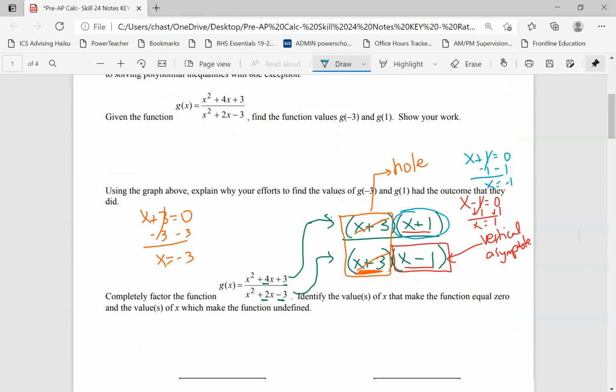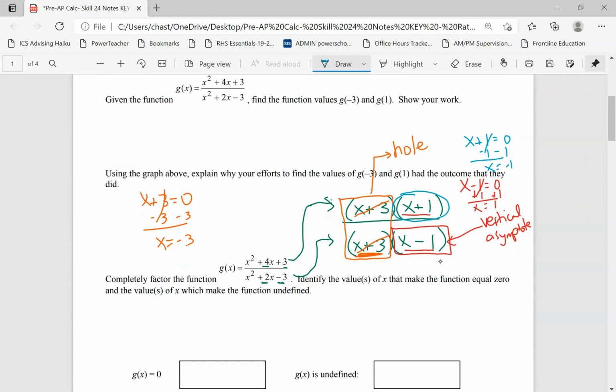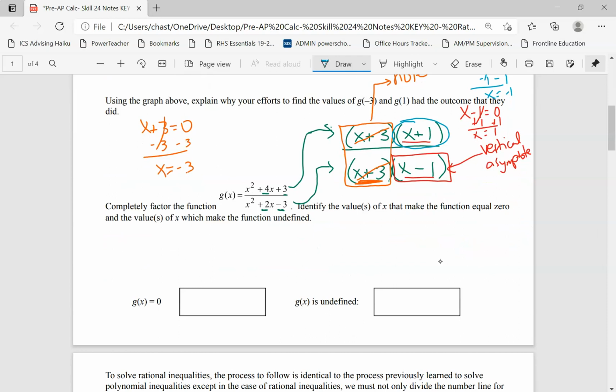At x equals -1, we have a 0. So g of x equals 0 at x equals -1 because the leftover factor in g of x is x plus 1.